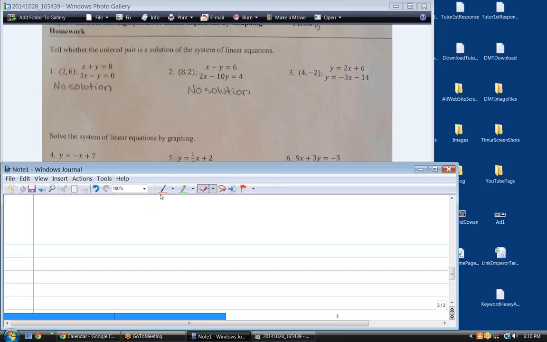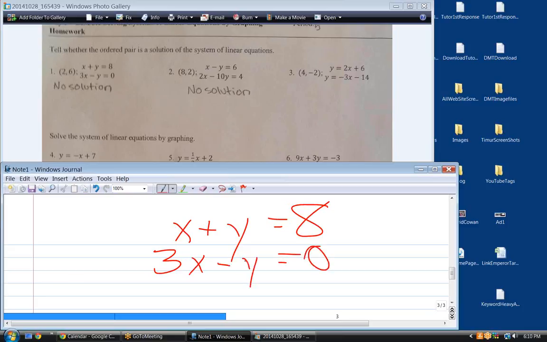In other words, first of all, when you look at a system of linear equations, there's 2 of them, that makes it a system. Sometimes there's actually no solution, but this isn't one of them.